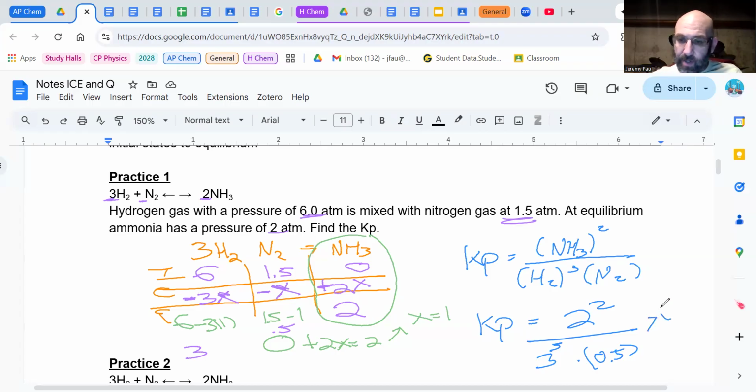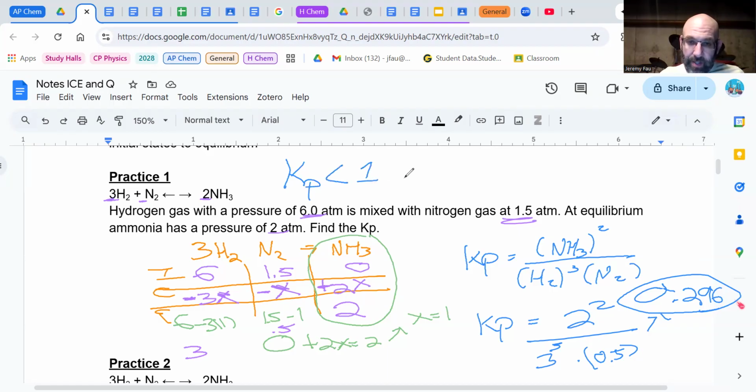And then if we solve, we got 0.296. And by the way, you can make this other statement even though it doesn't ask for this. Since Kp is less than 1, this is reactant favored.